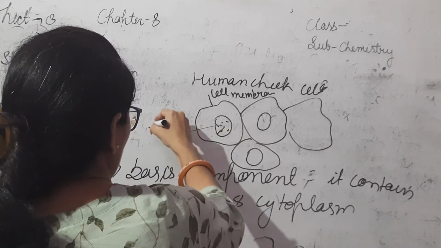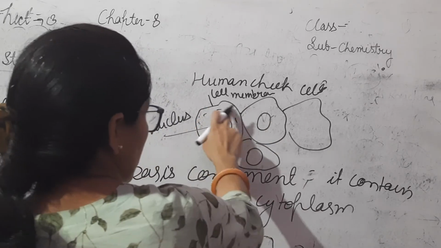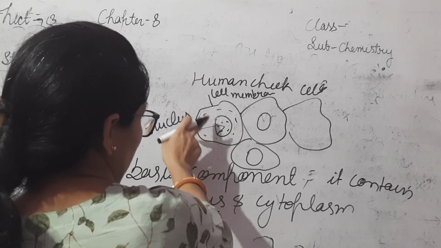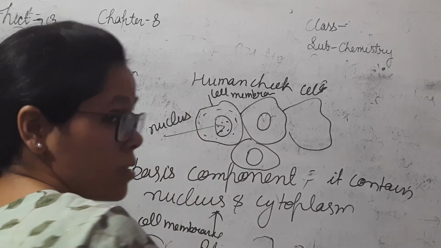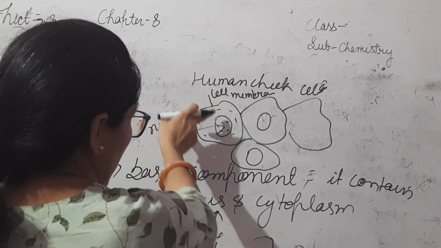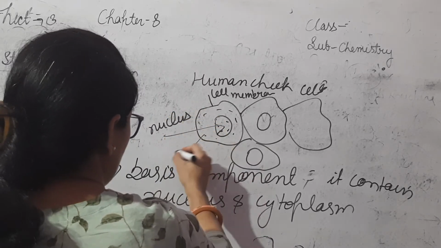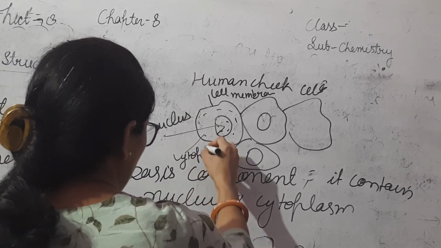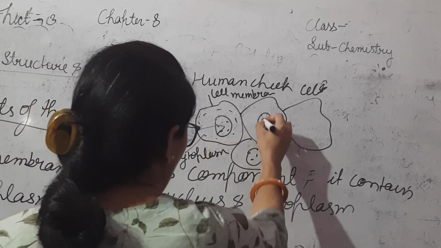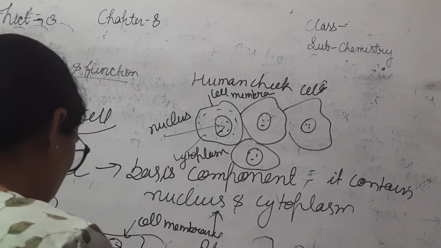This rounded portion is the nucleus, and the jelly-like substance which is present in between the cell membrane and nucleus is known as cytoplasm. So this is the example of human cheek cells.